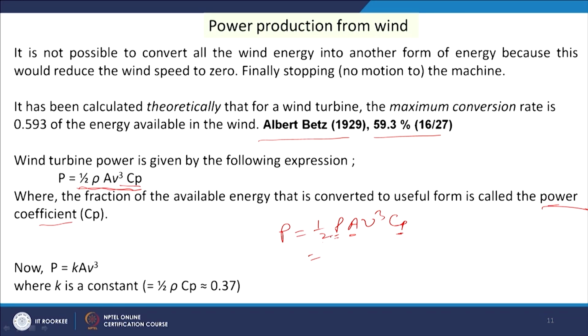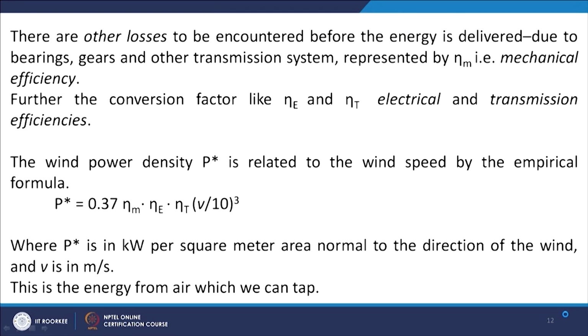So, these are constants, and half into rho into Cp is considered equal to k. So, k into A into V cube is our power potential, and this half into rho into Cp is almost around 0.37. It has been proved by many experiments that approximately this can be 0.37 for air.